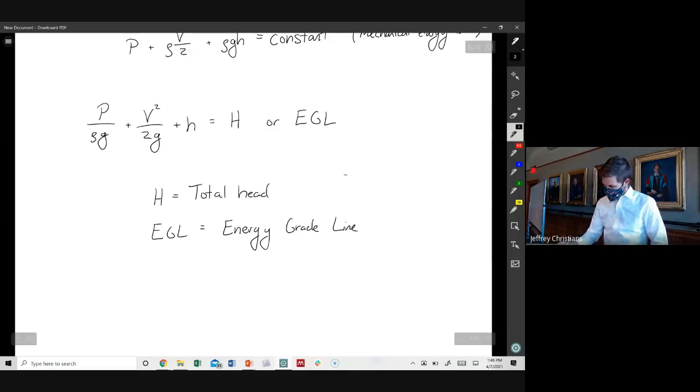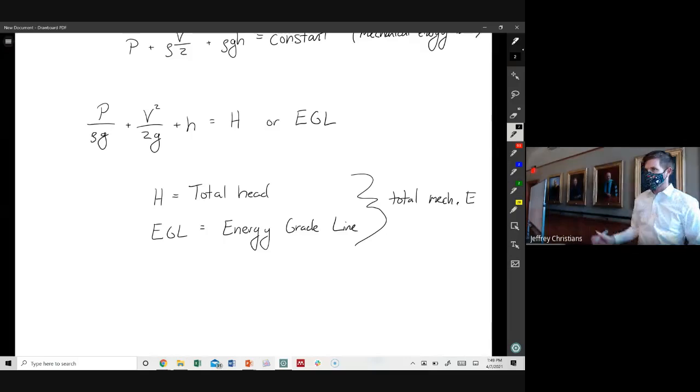Both of these are looking at the total mechanical energy of a fluid. You'll find these in a lot of places, where you'll talk about the head. It's like, how much total mechanical energy do I have available? Pressure, kinetic energy, and potential energy. What's the total amount available?